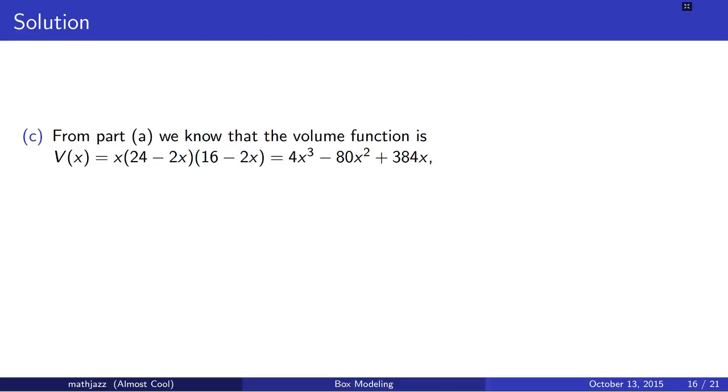So we do just that. We get v of x equals 4x cubed minus 80x squared plus 384x. So using the power rule, we get v prime of x equals 12x squared minus 160x plus 384.